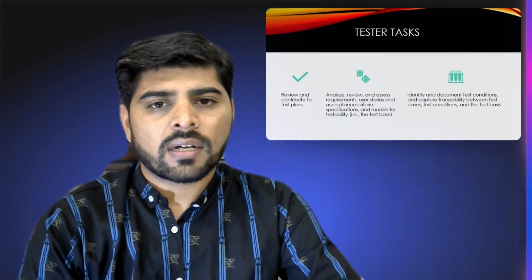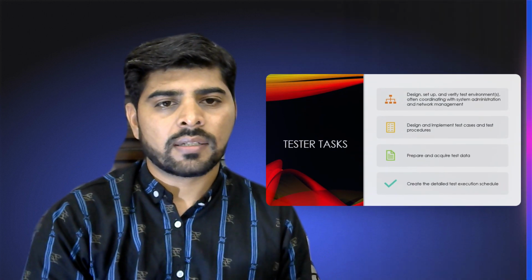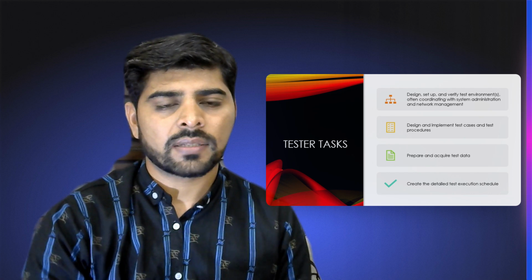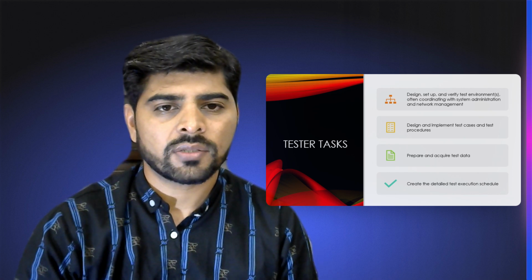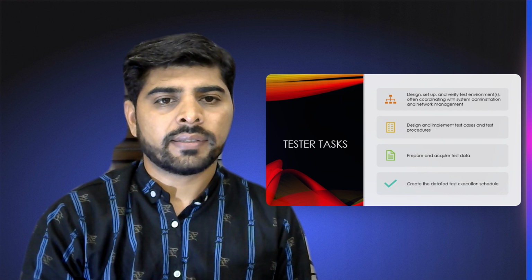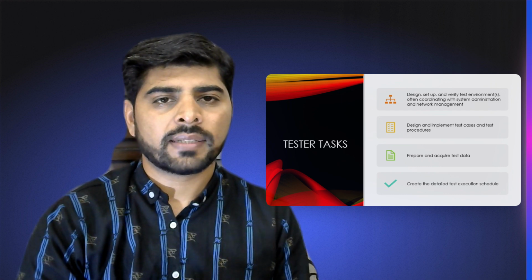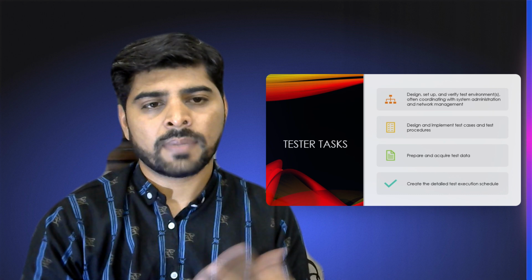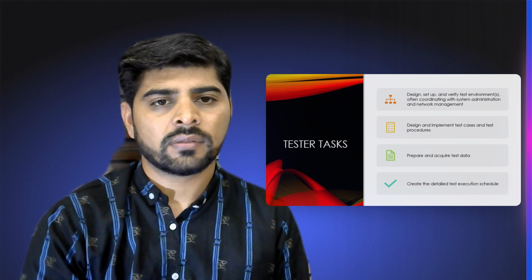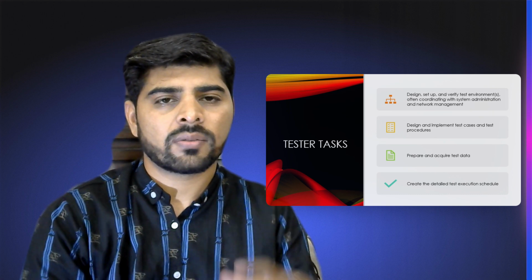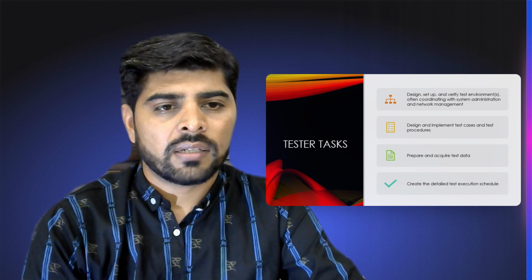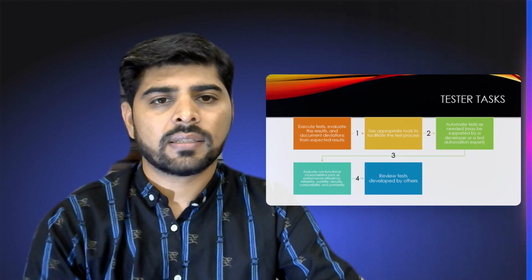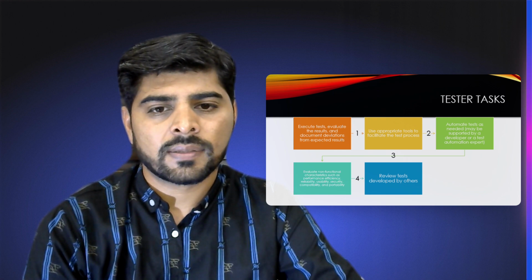Testers also review the tests written by another person, another QA person or a junior person, and design and implement the test cases. If there is no specialized automation tester, then they also prepare the automated test cases.